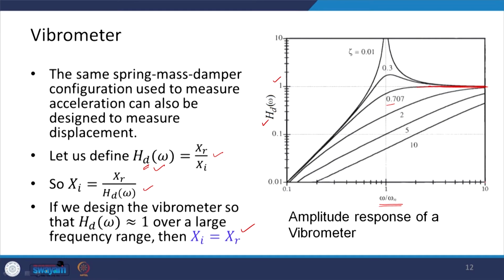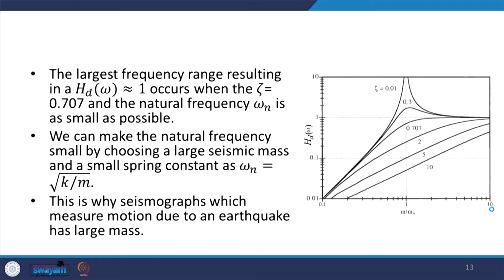Now, in order to get omega by omega n high, you need to have a lower value of omega n. And how do we get the lower value of omega n? We can get a lower value of omega n if I use a high value of the mass. That is why these vibrometers have basically a larger mass.